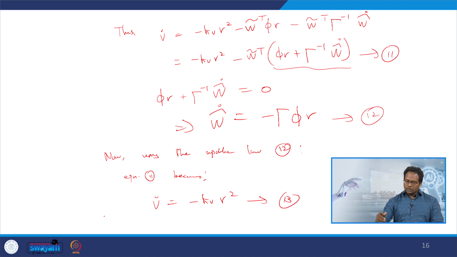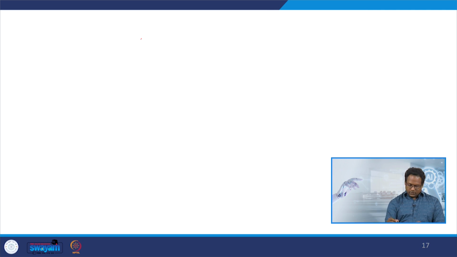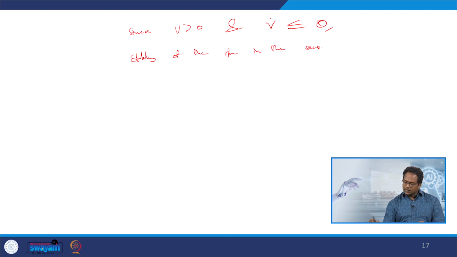So, we can talk about this stability further in such a way that since V greater than 0 and V dot less than or equal to 0, it proves stability of the system in the sense of Lyapunov, so that r and w tilde are bounded.